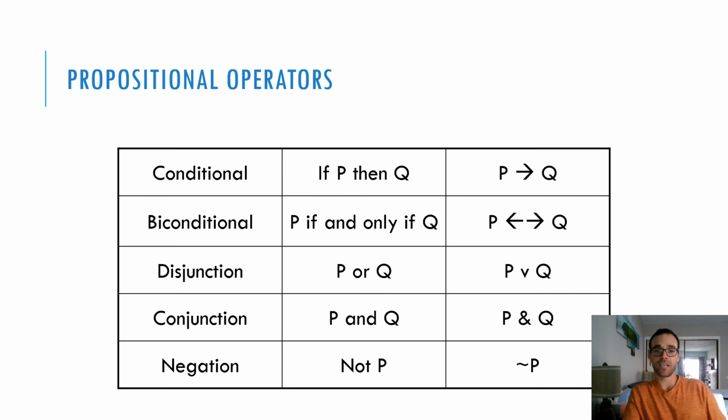For instance, in line 2, the biconditional, if P is true and Q is true, then P double-sided arrow Q is true. While that may be the case, we'll also discover that if P if and only if Q, if P is false and Q is false, then this biconditional statement is actually true.